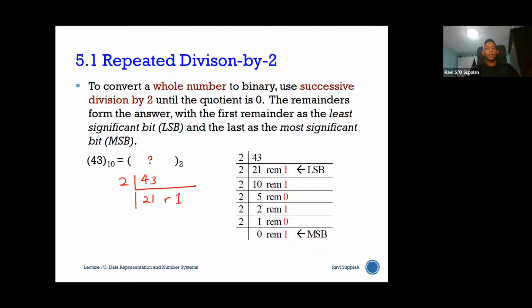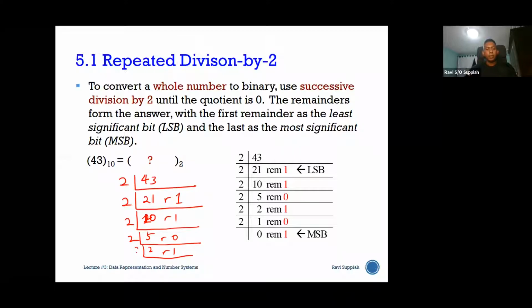Then I divide by 2 again, and I get 10 remainder 1. Then I divide by 2 again, I get 5 remainder 0. Then divide by 2 again, I get 2 remainder 1.